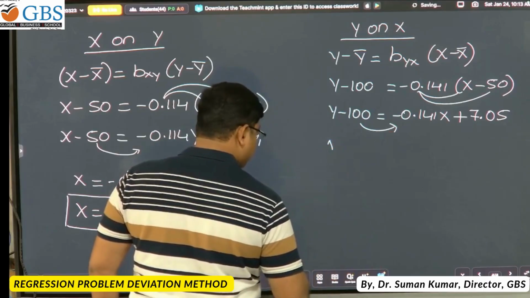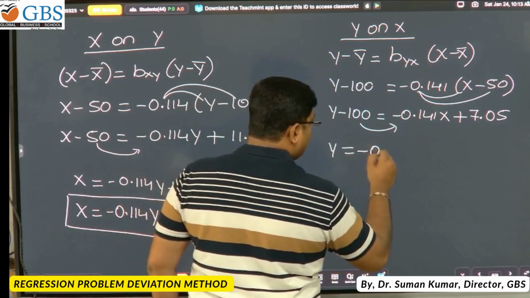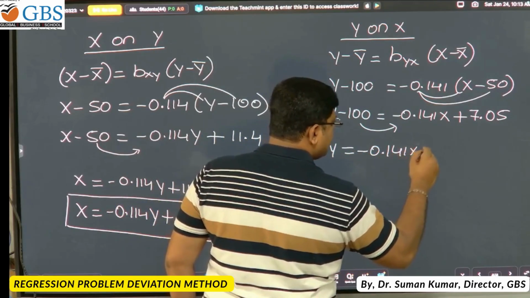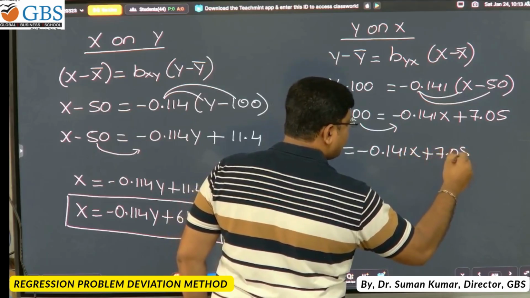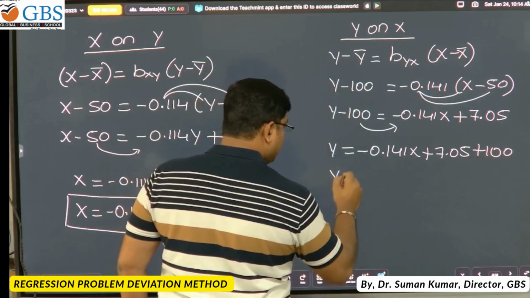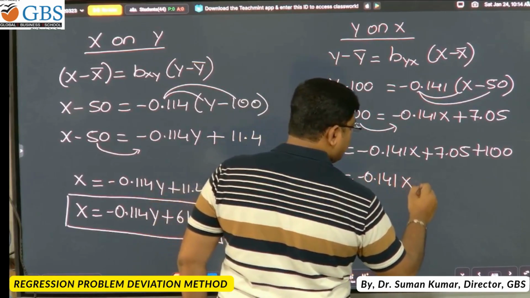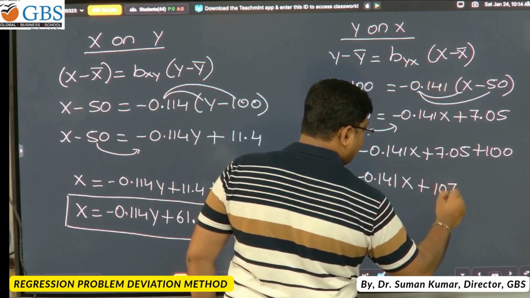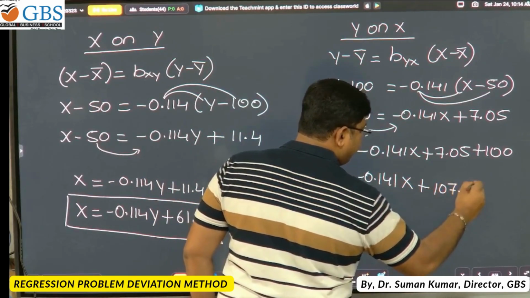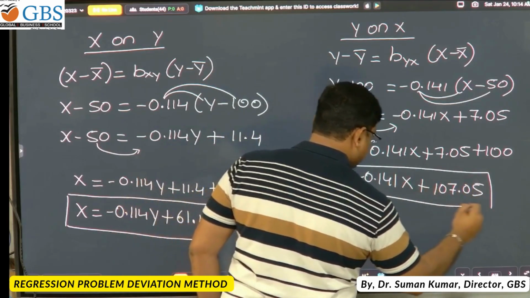So y is equal to minus 0.141 x plus 7.05 plus 100, y is equal to minus 0.141 x plus 107.05. What is this? This is y on x.